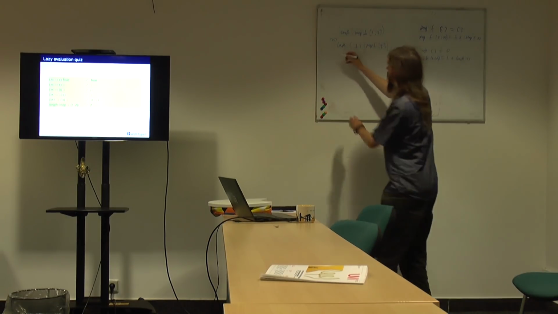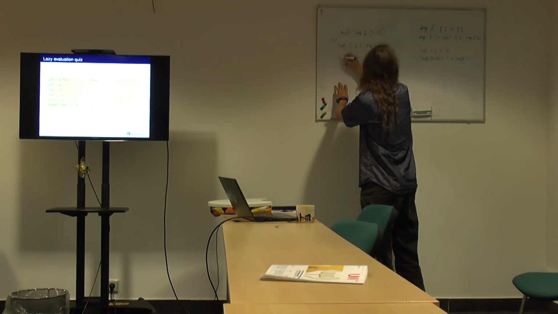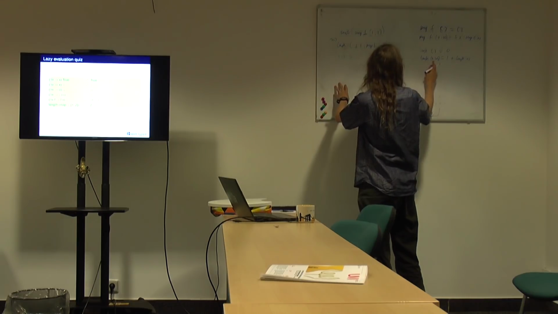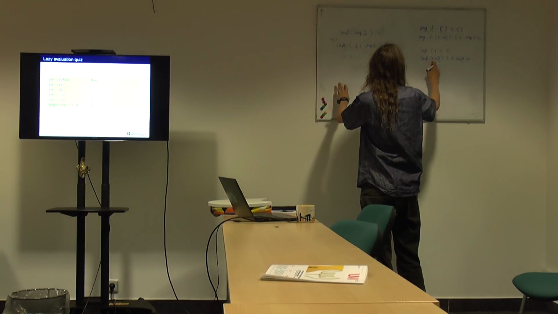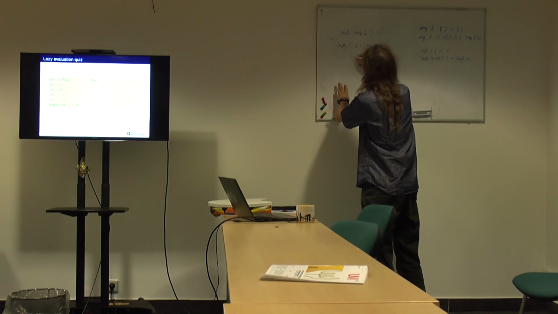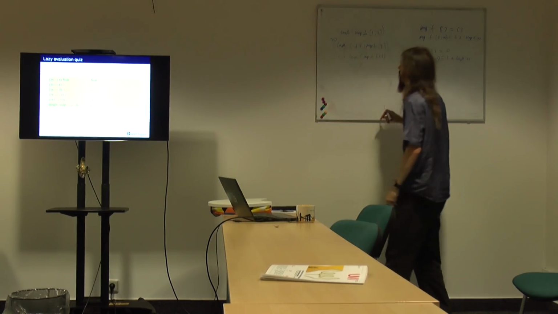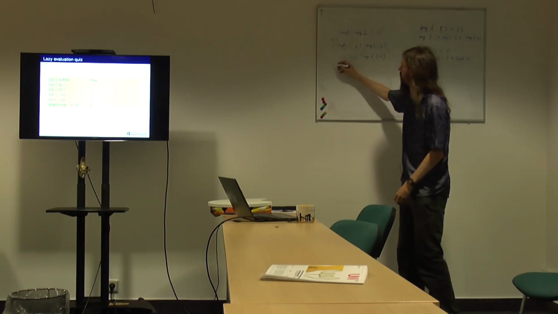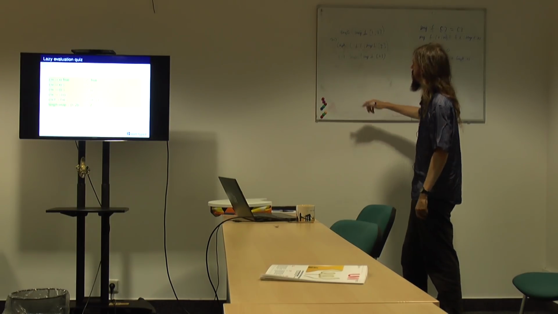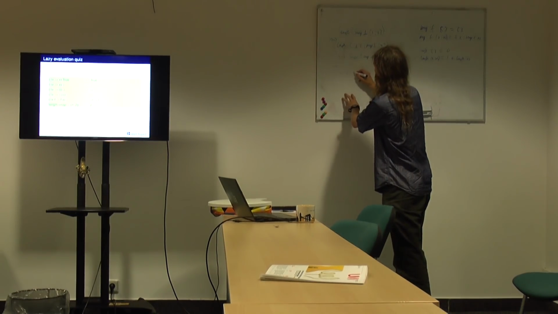So we can reduce this on now to 1 plus, because we ignore x, we don't use it here, so length of map bottom 2. And then you can see obviously it's going to go on in the same pattern until we get to 1 plus 1.